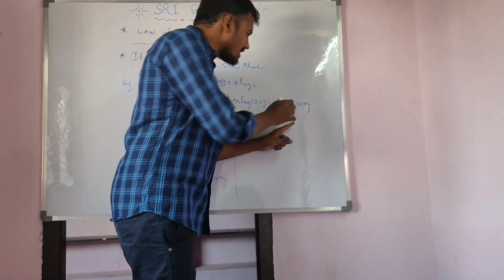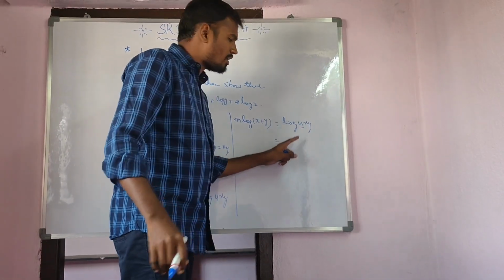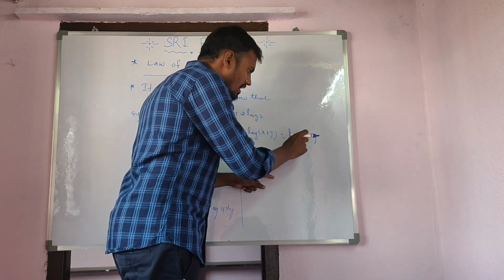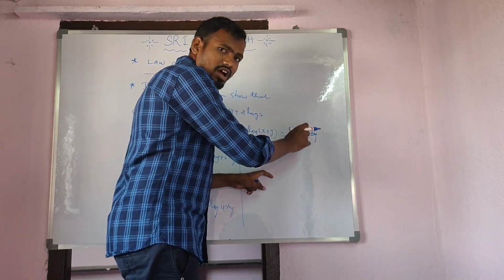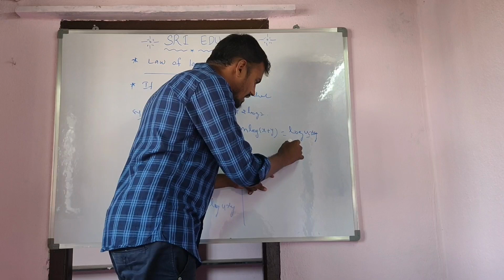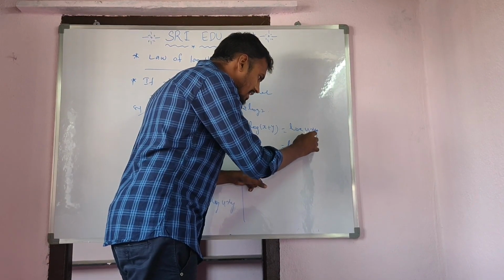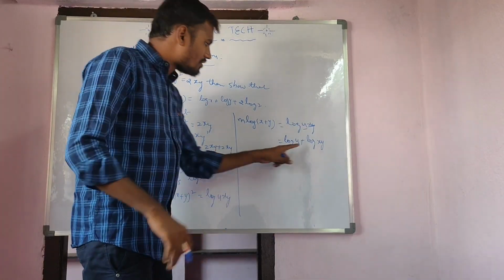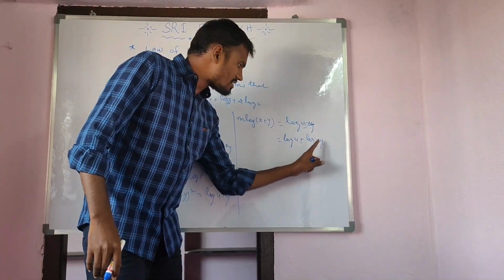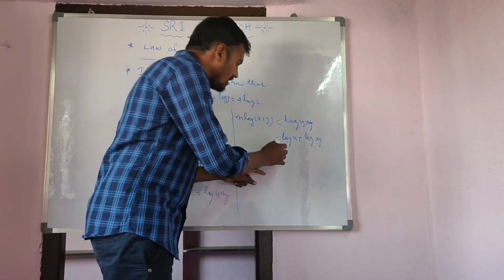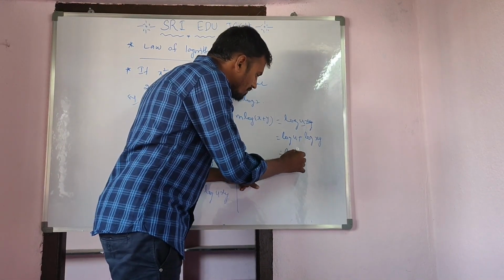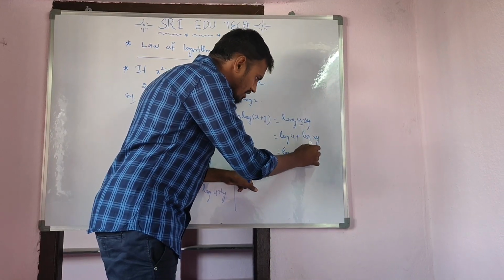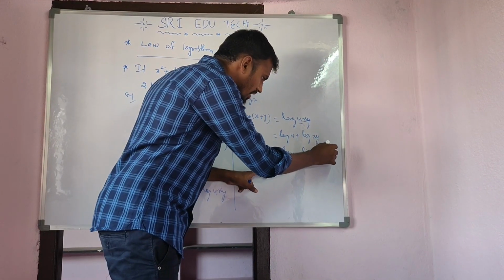See here, log 4xy. Here you have two terms in this. Suppose we assume 4 is one term and xy is one term. See, log xy means log x plus log y. Log 4xy means log 4 plus log xy. Right? Now here also you have two terms, one is x, one is y. See, log 4 plus here log xy, log xy means log x plus log y.